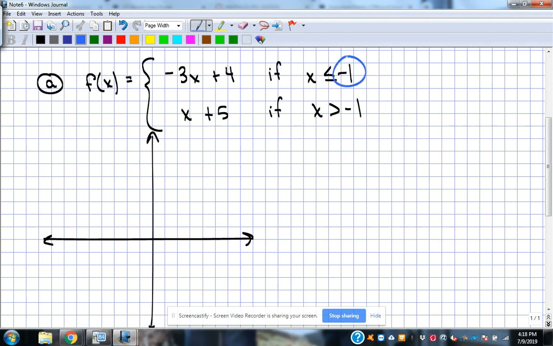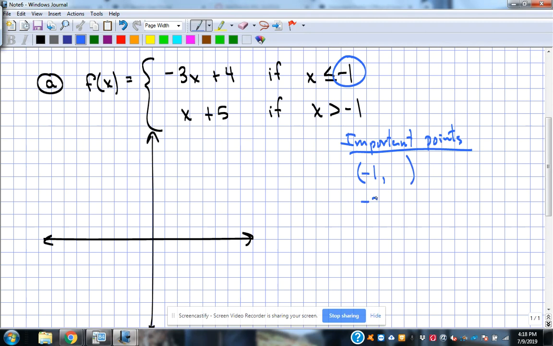So this is an x value that's important for that part. Negative 1 is an important x value for negative 3x plus 4. So I need to find out what y value goes with that. So there are important points. One of those is at negative 1, and then we got to find the y value that goes with it.